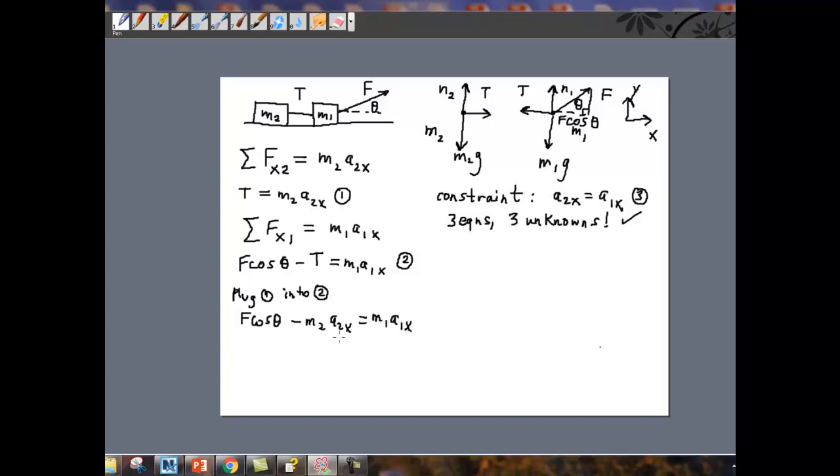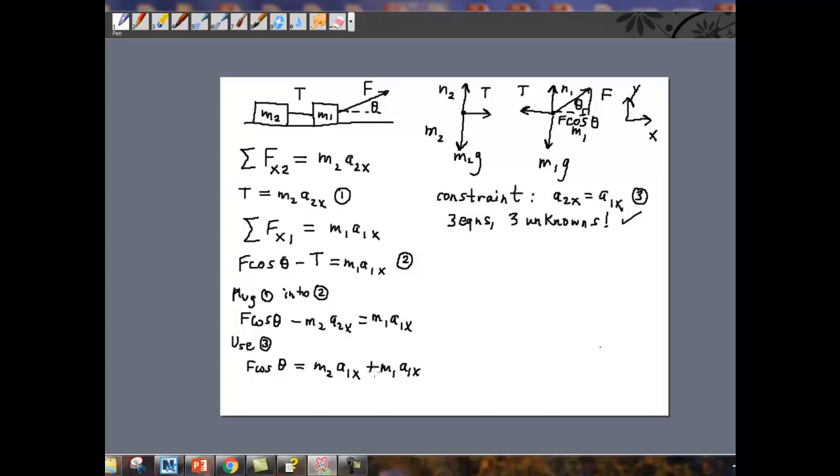And now I'm also going to use equation 3 to substitute in for a2x. This becomes F cos theta, and I'll take the m2 a2x and add it to both sides. So this is equal now to m2, and it was a2x, but now since it's equal to a1x by equation 3, I'll just write that in.